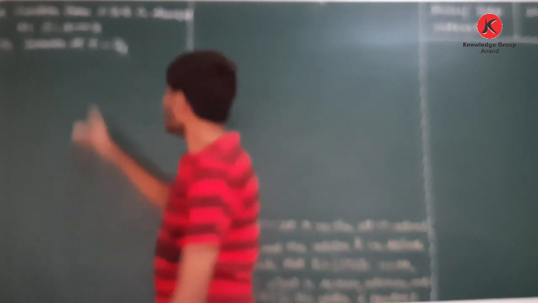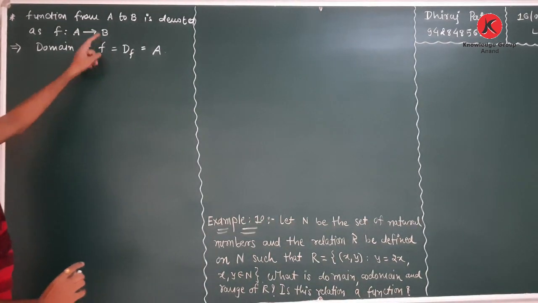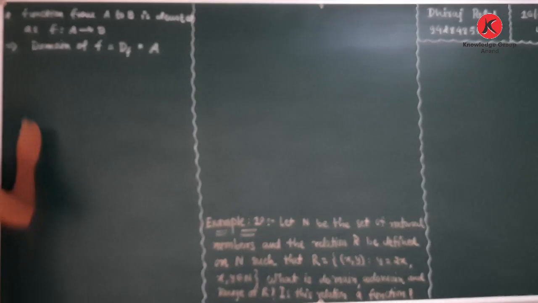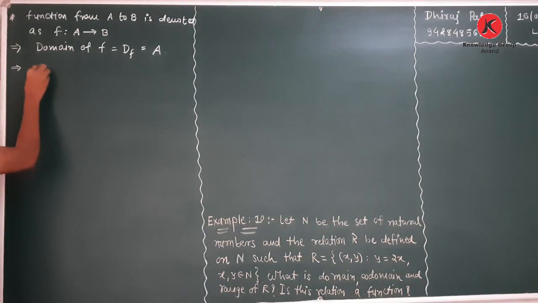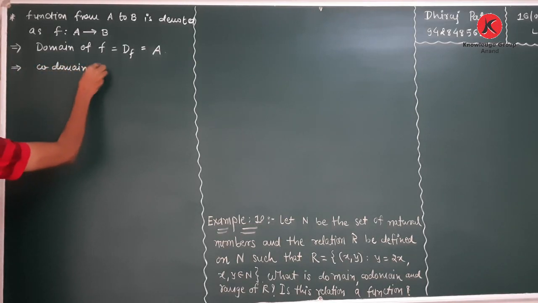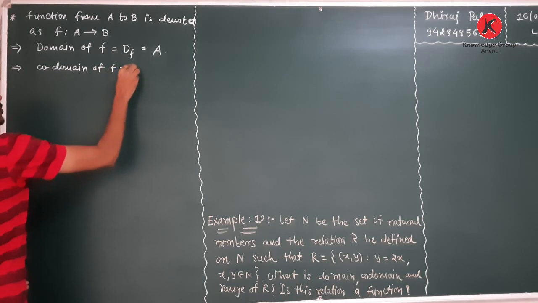D of f equals set A, in this case, is our domain of function f. Same way, set B is the codomain of our function f, so codomain of f equals set B.